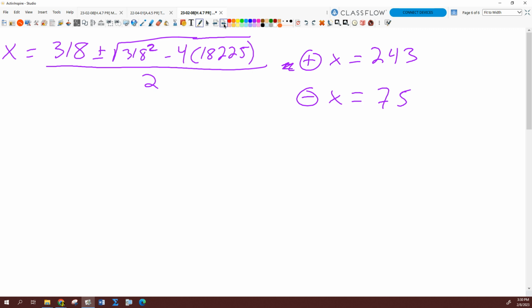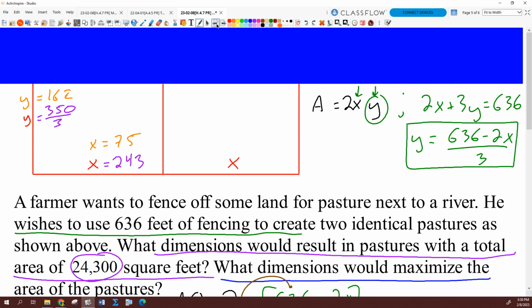75 and... No, so on that I plugged the 636 minus 486, and I got 150 divided by 3. Oh, which is 50? Yeah. Okay, right. So then the orange dimension. No, hold it.